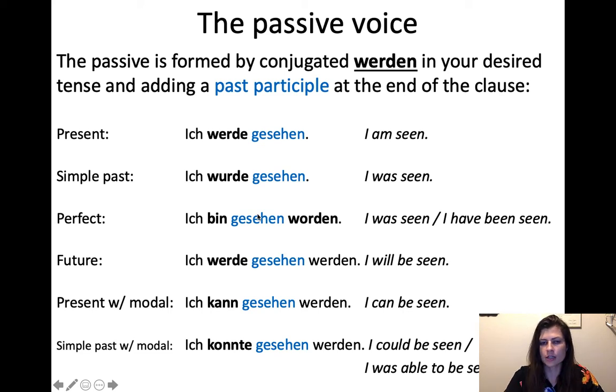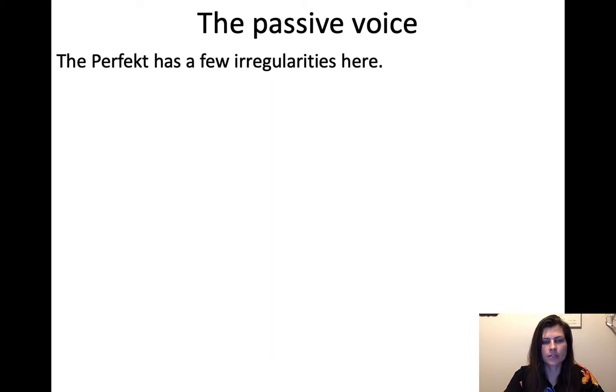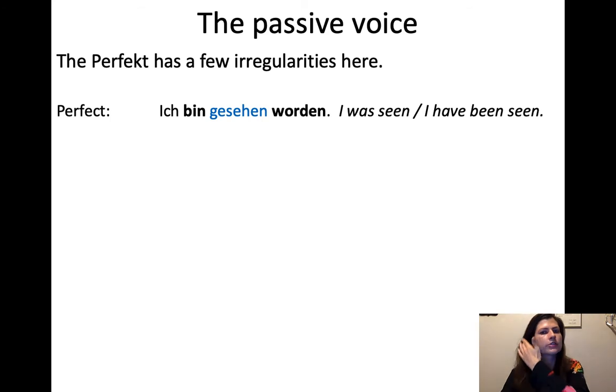So it takes quite a lot of practice because there's a lot going on, but we just keep practicing. The perfect has a little bit of a weird thing going on. So we just saw with the perfect, which is the conversational past, ich bin gesehen worden. That's how you say I was seen or I have been seen.